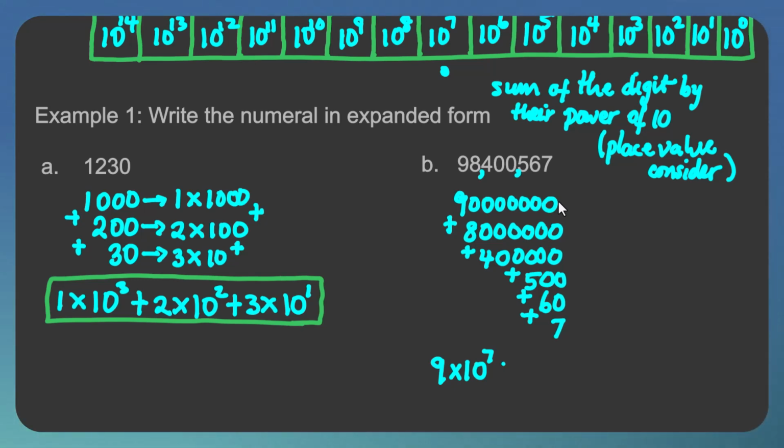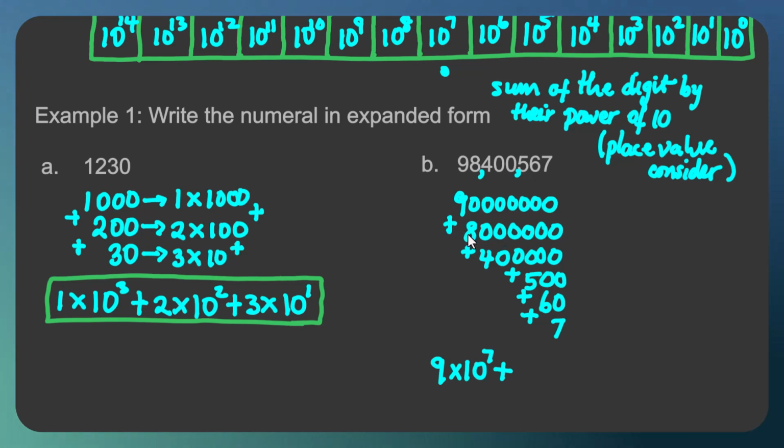And the next is we have our plus sign. Next is we have our 8, and 8 is multiplied by how many zeros? In this case we have 6 zeros, therefore it is 10 to the power of what? 6. And we're going to write that above the 10.